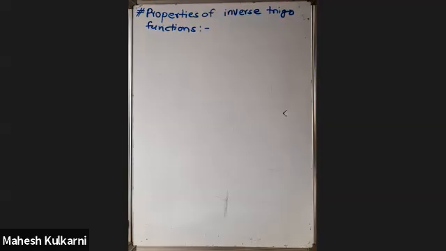Good morning, friends. So in inverse trigonometry functions, yesterday we discussed how to find the principal value of the inverse function, and principal values are based on the range of that particular inverse function.